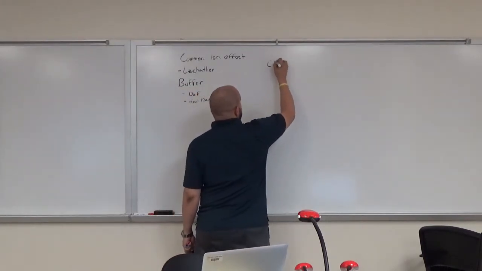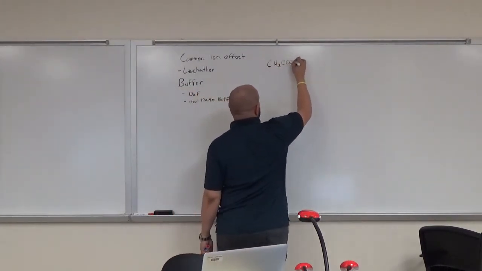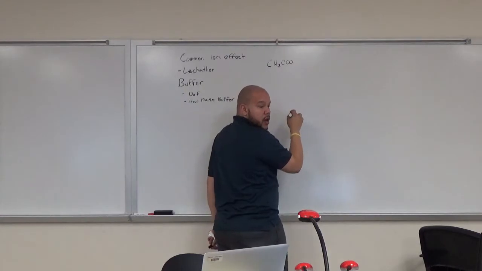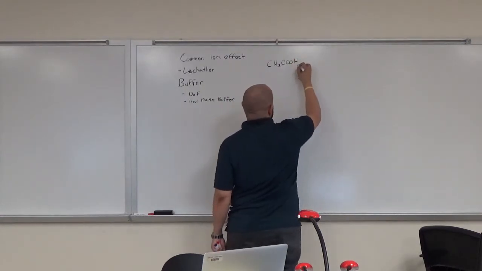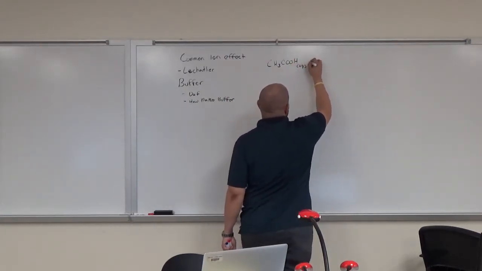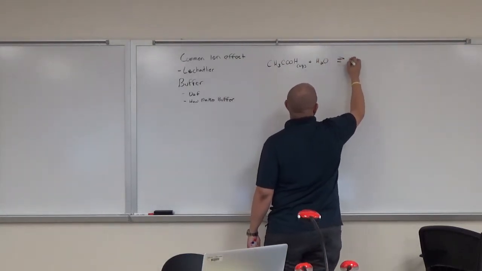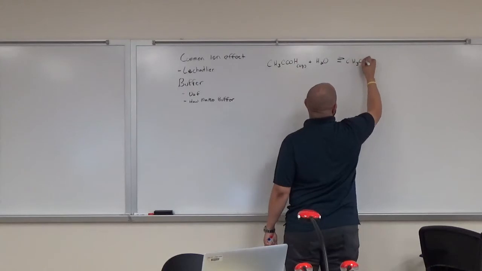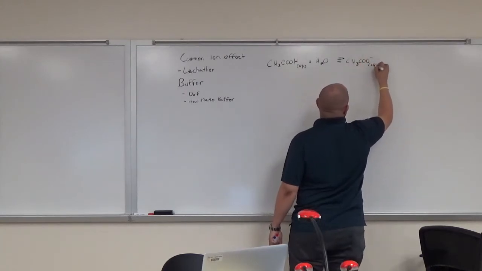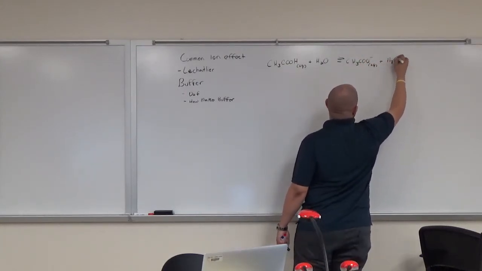And remember, it can be written multiple different ways, but acetic acid in this case is written as such. And in water, we end up with an equilibrium that gives us acetate ion and H3O plus, right?